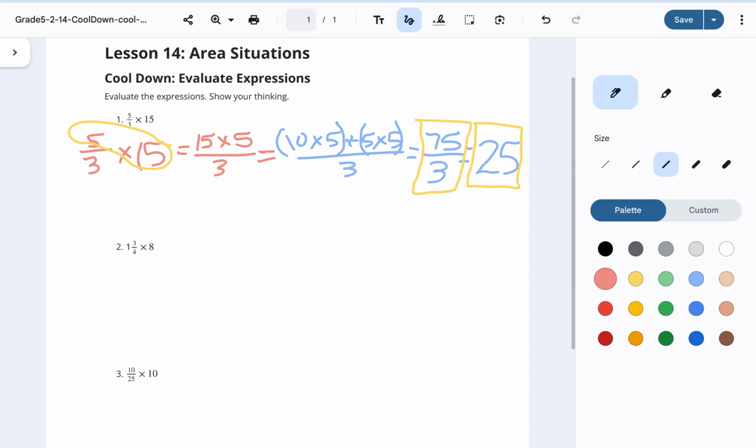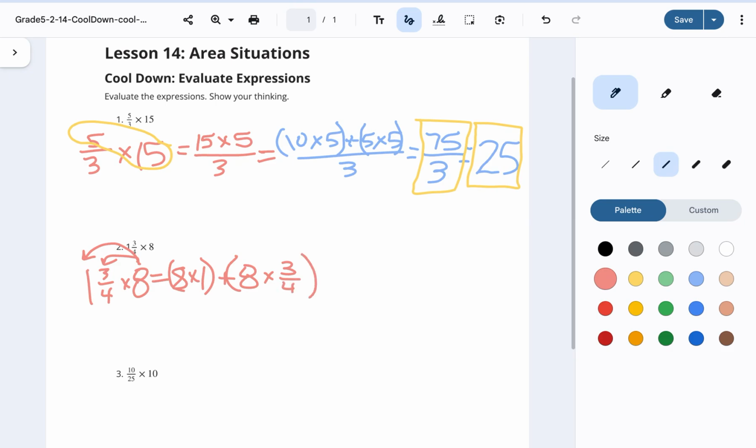With number 2, I have 1 3/4, and I'm going to multiply that by 8. Now, what we have found to be true is that I can first multiply my 8 times 1, right? 8 times the whole number. And then I can add to that my 8 times 3/4, right? 8 times 3/4.